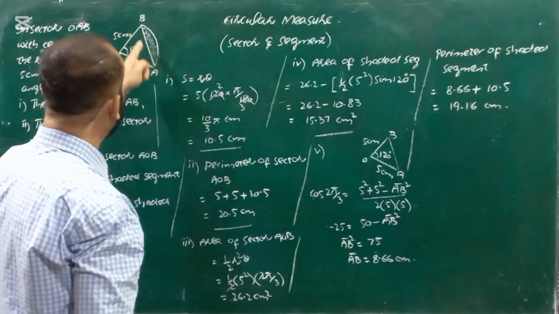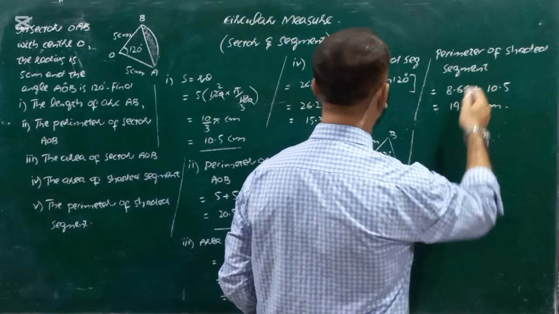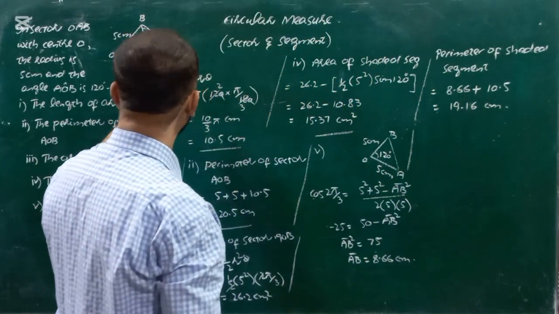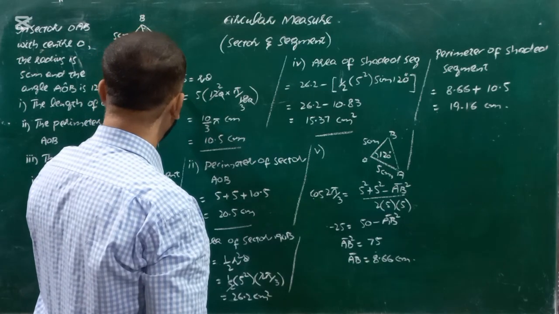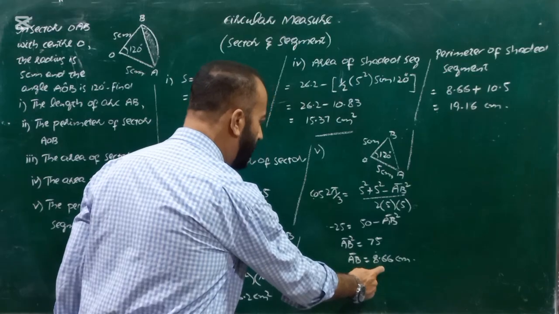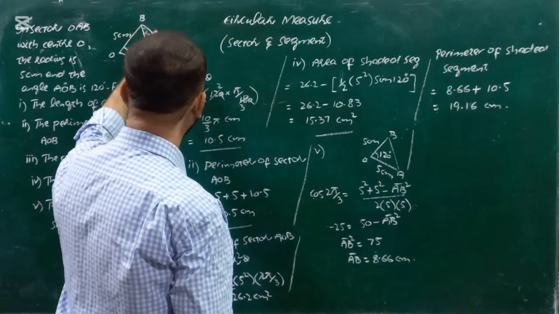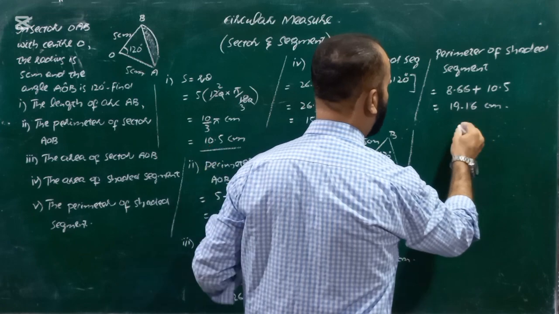Now we can find the perimeter of the shaded segment. It will be equal to this length plus this arc. This is 8.66, that is AB, and the arc length is 10.5. After adding them, the answer is this one.